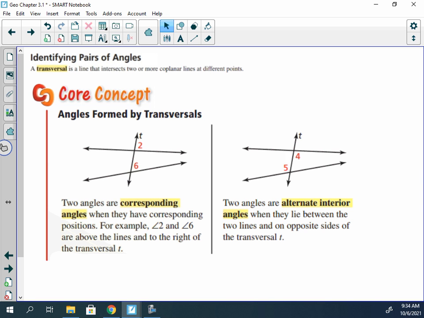So they are corresponding to each other. They correspond. Same spot, same location.